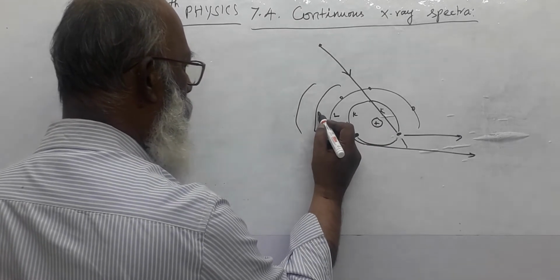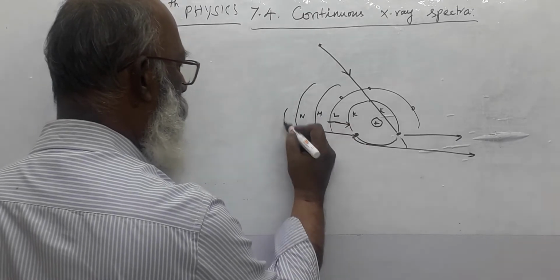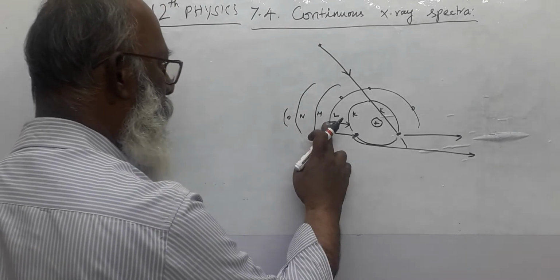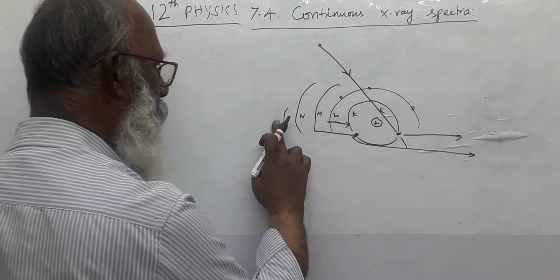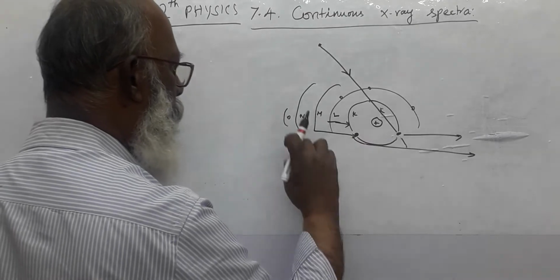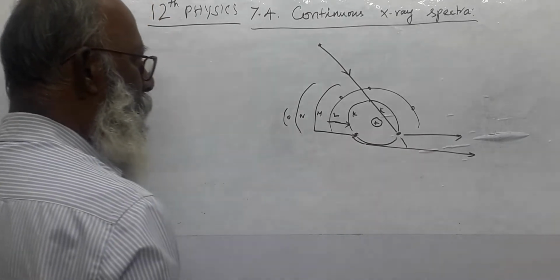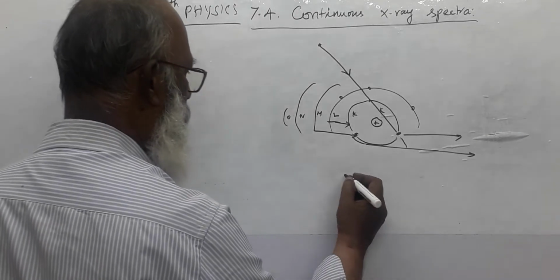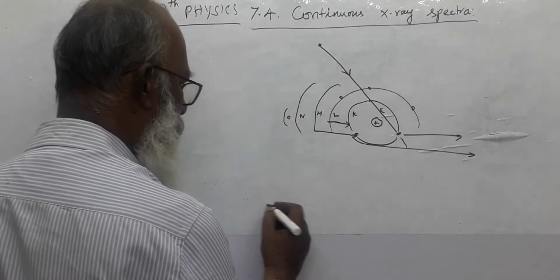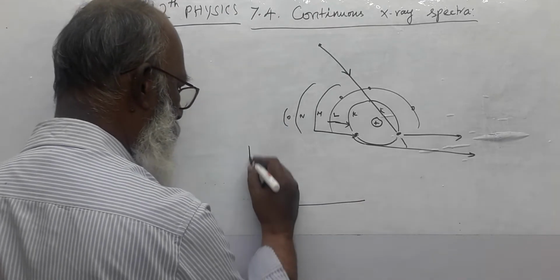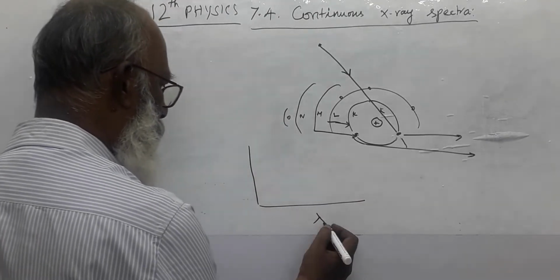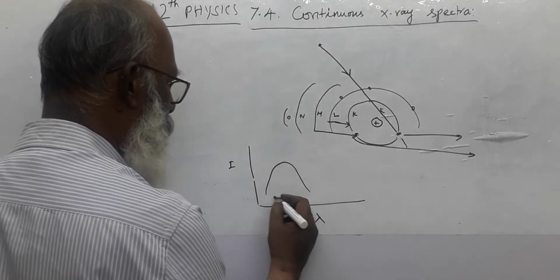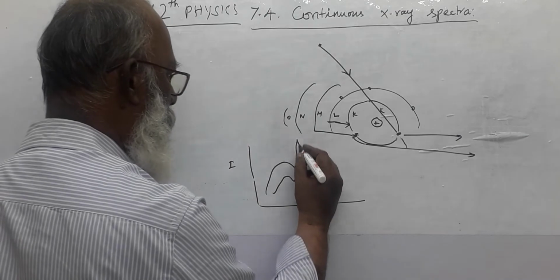Suppose these are called L, M, N and O. The electron can jump from the L orbit, M orbit, N orbit, or O orbit to the K orbit to fill the vacancy. That's why we are getting line spectra. In the last class we already drew a graph of wavelength with intensity. This is called tungsten and this is called molybdenum.